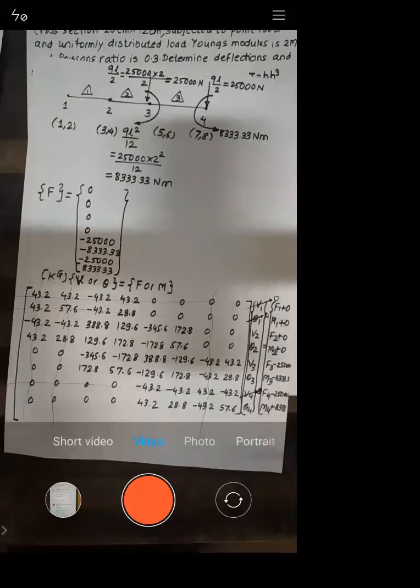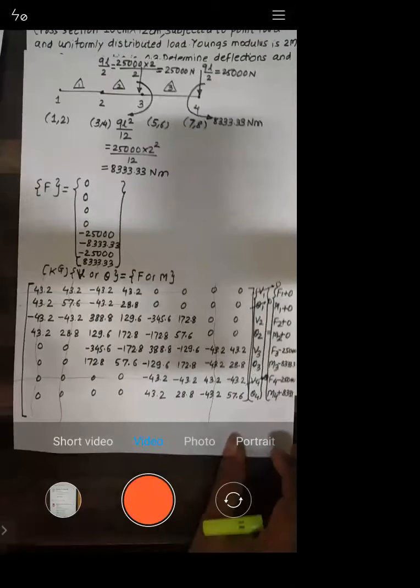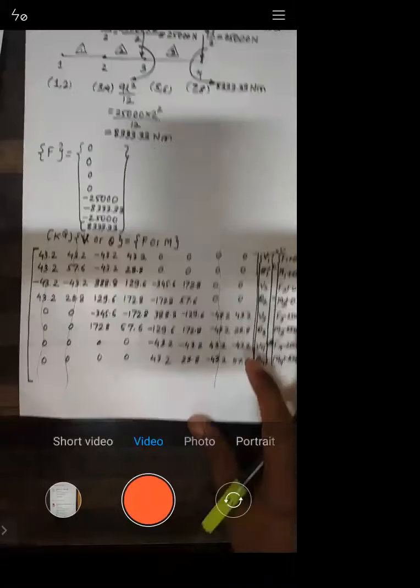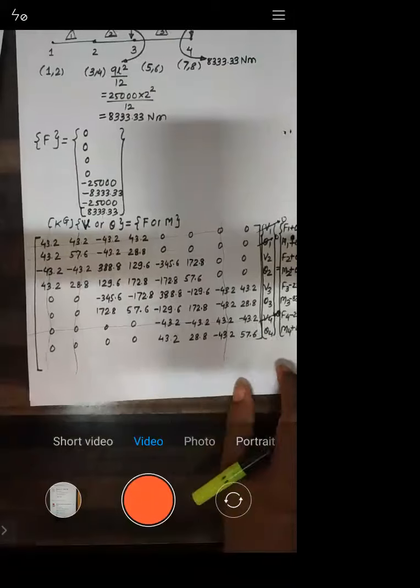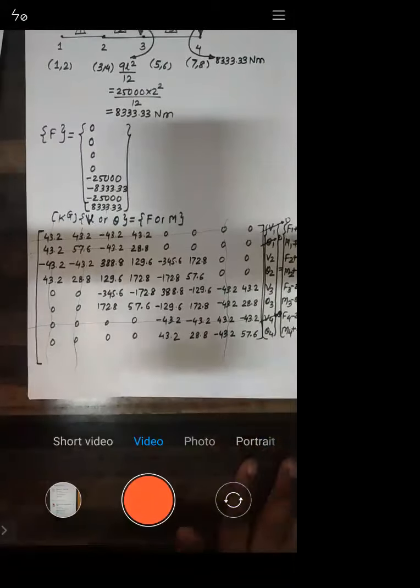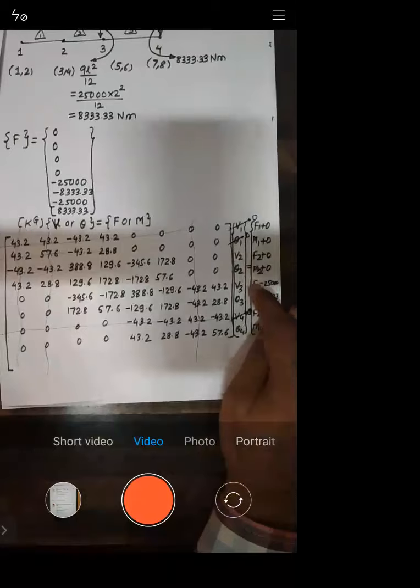Yes, sir. Now how will we solve it? How do we want to solve that? How are we supposed to solve these matrices? See here, you will get 1, 2, 3, 4, and 5.